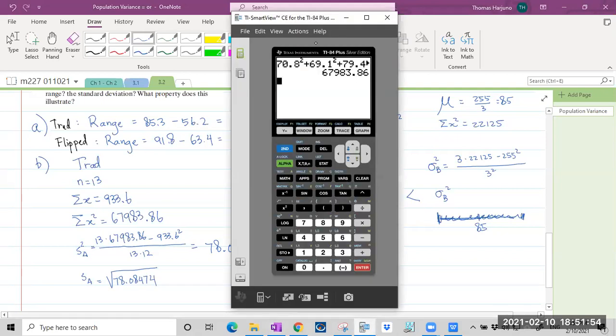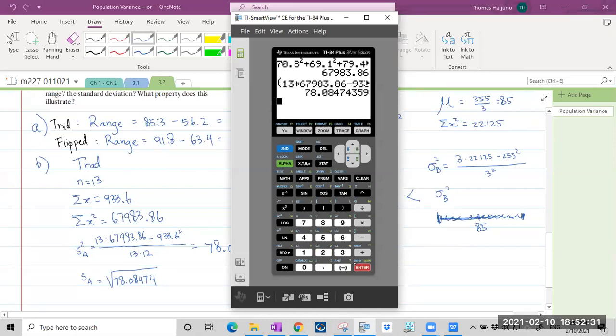Let me enter this right: 13 times 67,983.86 minus 933.6 squared, closing the parentheses for the numerator, divided by 13 times 12.